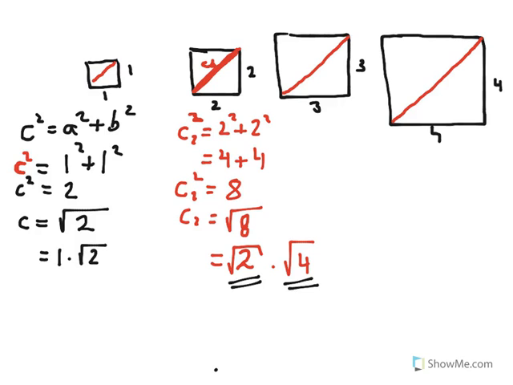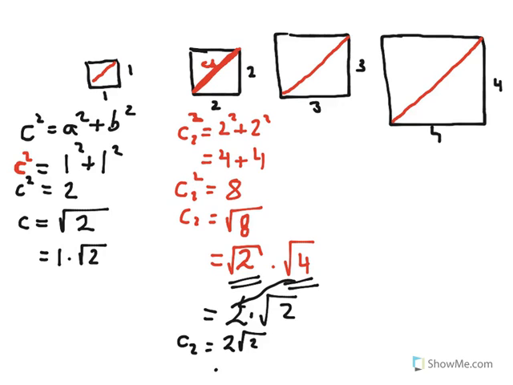The square root of 4 is the same as 2, is it not? So that is the same as 2 multiplied by the square root of 2. We've got the 2 here from the fact that we know the square root of 4 is 2. So c2 is the same as 2 times root 2.